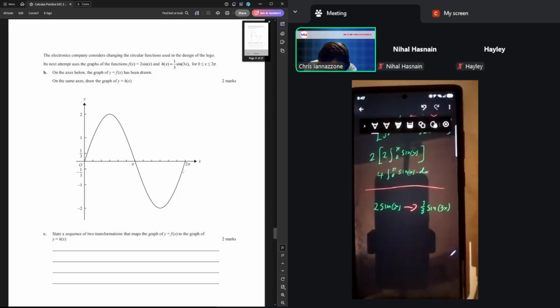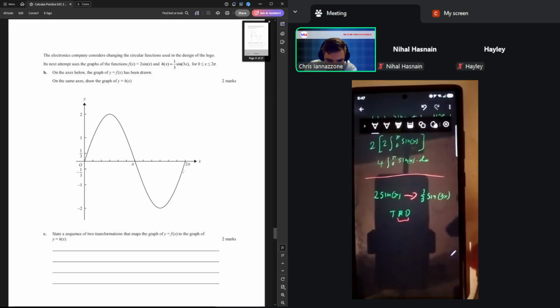So when we're doing this sort of thing, we're typically trying to do it in order of TRD. The reason why is because reflection and dilation are multiplication, and anytime you have multiplication in your function sequence, any translations, any pluses or minuses that you've put in the function will be modified.